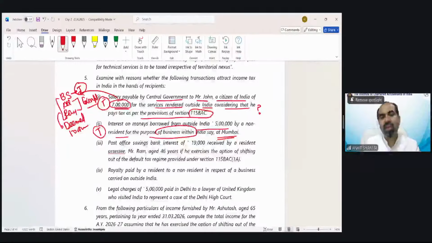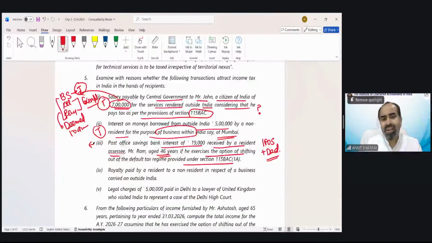Now, the third point will again create confusion because there is a certain provision connected with the income from other sources chapter and the deductions chapter. Post office savings bank interest of 19,000 is received by a resident assessee, Mr. Ram, age 45 years. If we exercise the option of shifting out of the default tax regime, you have to tell the taxable value.